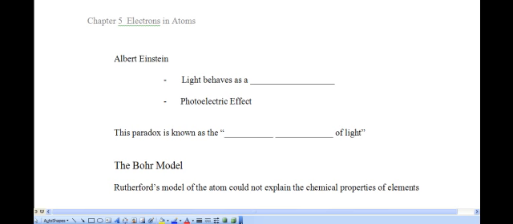Now, the whole idea of light behaving as waves is a concept that goes back for several centuries. It was always thought that light simply behaved as waves and matter behaved as particles. Well, Albert Einstein, in addition to his theory of relativity, also proved that light can also behave as a particle.